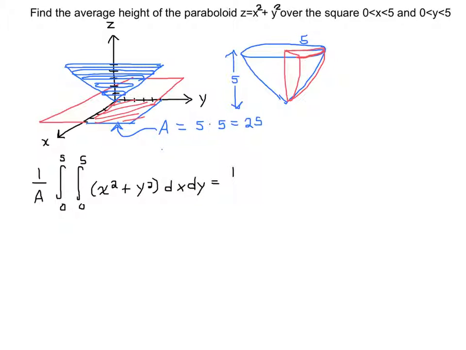We get 1 over 25, that's our 1 over A, times the outer integral from 0 to 5. And if we integrate our inner integral with respect to x, the antiderivative of x squared with respect to x is x cubed over 3.